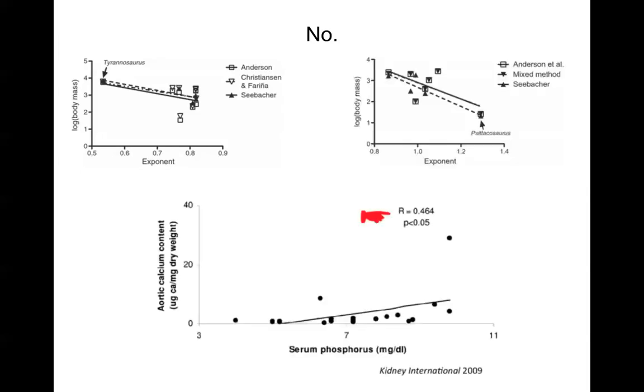What's wrong with this one and this one? Same thing? These are all from papers. Kidney International. Because the way that the correlation coefficient is calculated, because it uses calculus, is a difference in a point from the line squared. So when you have an outlier, the line better come pretty close to that outlier.